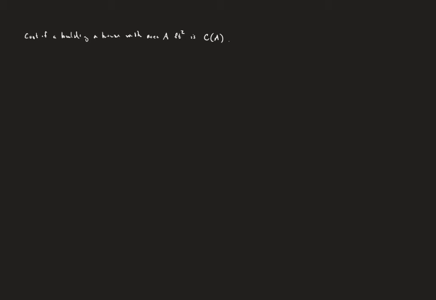Then the question becomes, thinking about units now, what does, say, C prime of A, which could also be written, in Leibniz notation, as dC dA, represent? And when I say that, I mean, what would the units be? You can think about that for a moment. Suppose I give you some actual numbers.